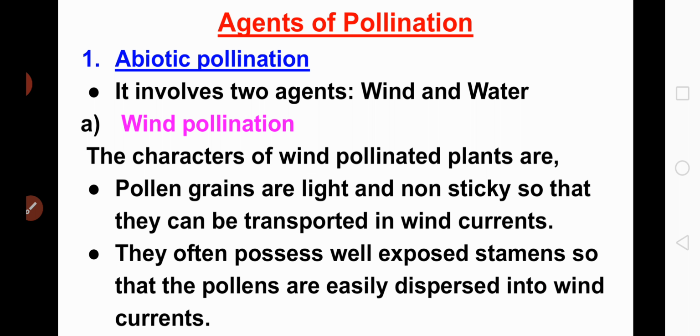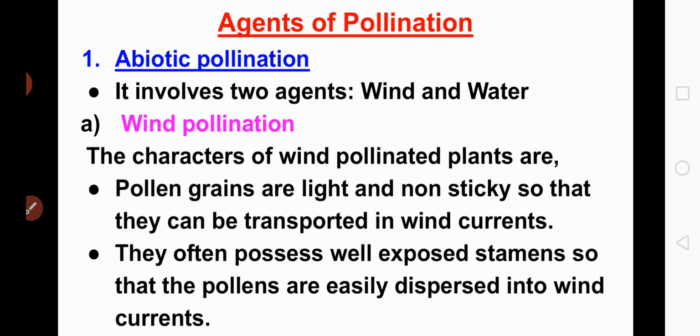Okay. So coming to the first type, that is abiotic pollination. As I said before, it involves two agents, wind and water. The pollen grains coming in contact with the stigma is a chance factor in both wind and water pollination.